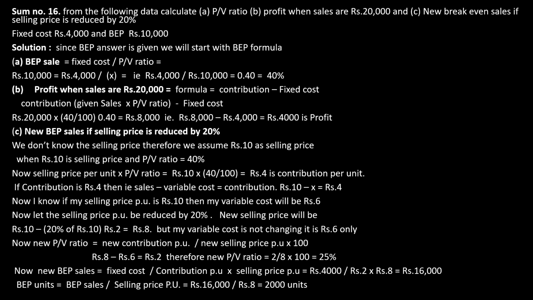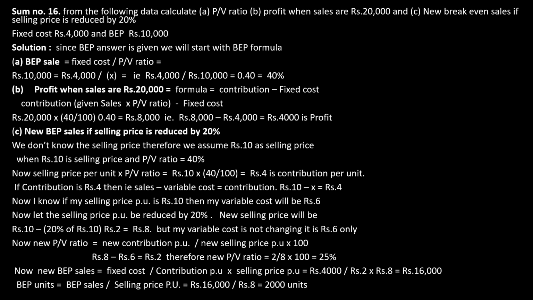Now the selling price per unit is reduced by 20%. I have to find my new selling price. I assumed it is 10 rupees, and that is going to be brought down by 20%, which is 2 rupees, so my new selling price will be 8 rupees. The problem clearly says my selling price alone is getting reduced, not my variable cost.